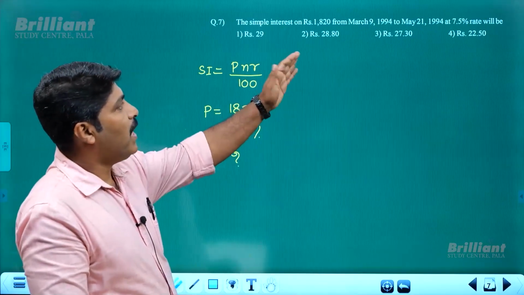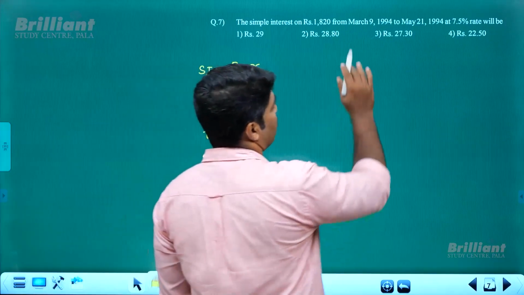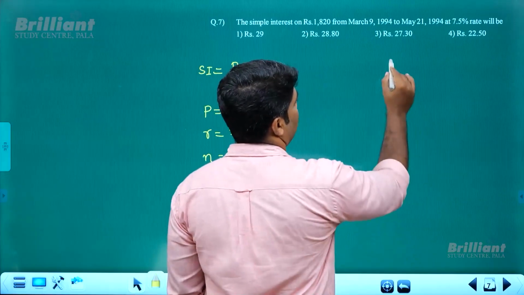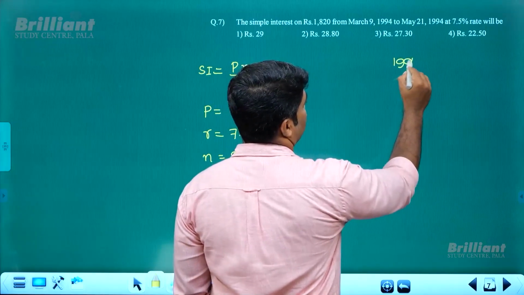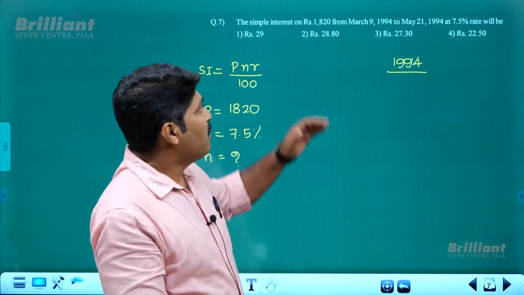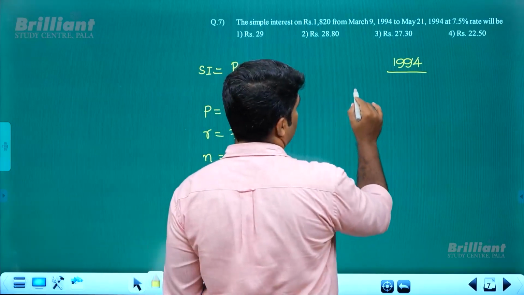For that purpose, we have the given period information, that is from March 9, 1994 to May 21. We don't need to bother about the year here, because it starts from March to May. So, March 9.